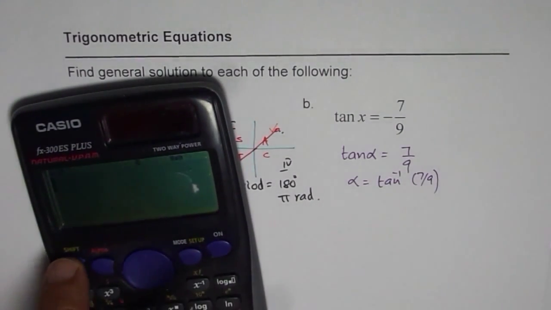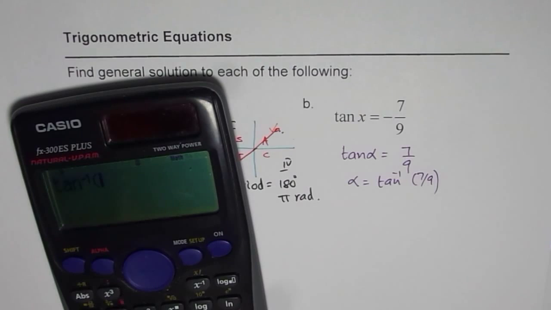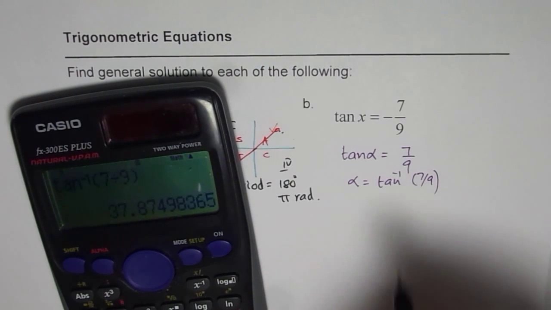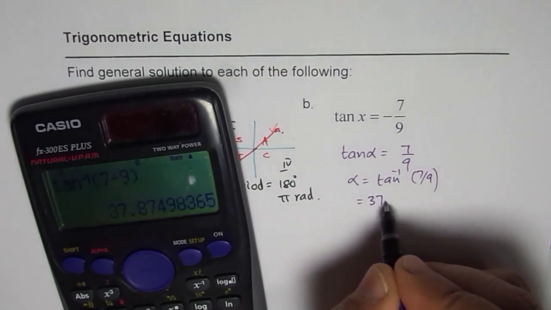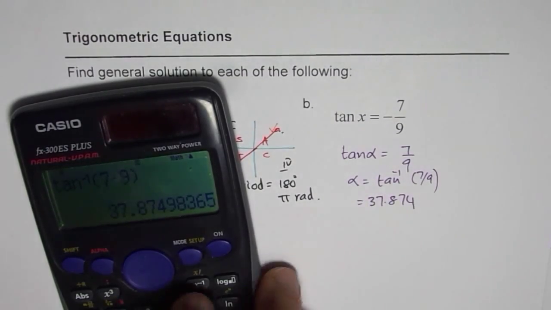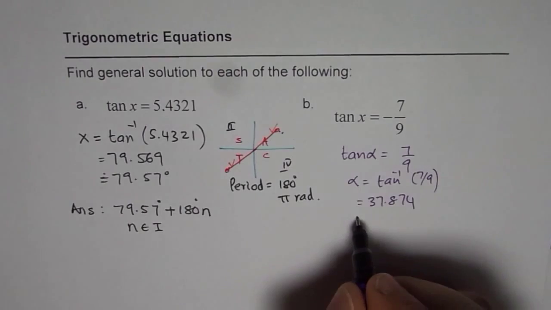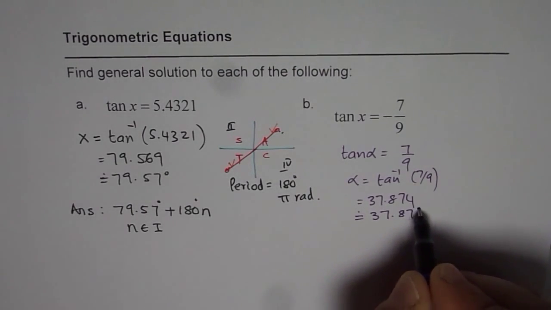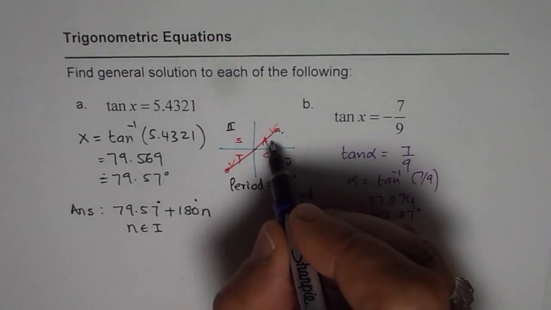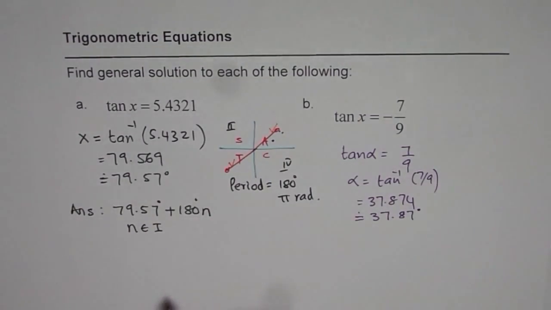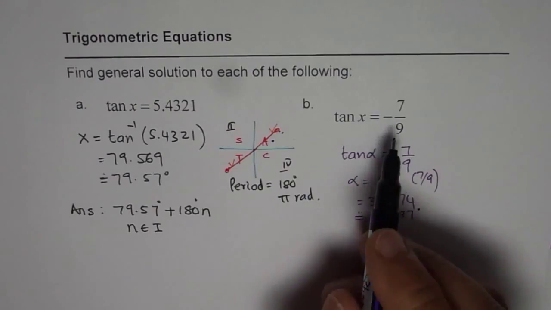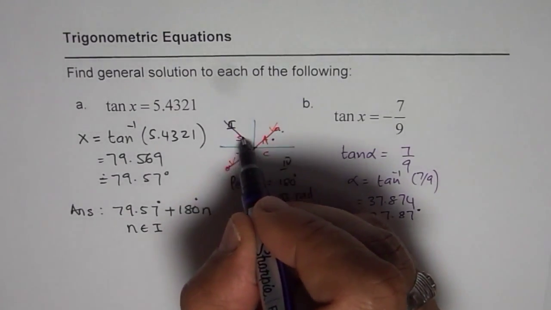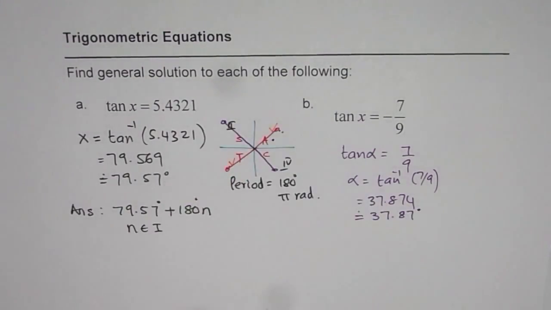So in this case, we have tan inverse of 7 divided by 9. That gives us 37.874, so we can round this and write the angle as 37.87 degrees. That is the acute angle we found in quadrant 1. However, tan x is negative, so we are looking for two solutions, in quadrant 2 and in quadrant 4.